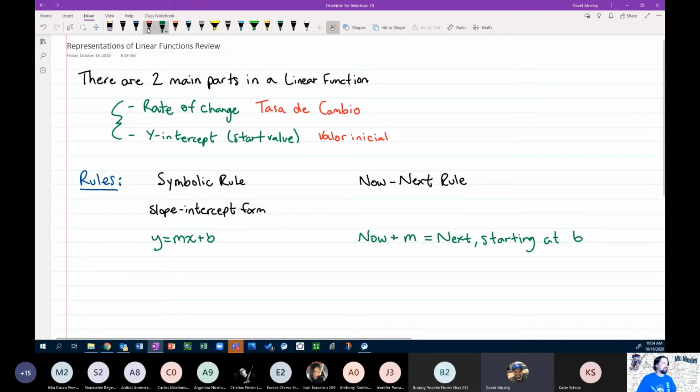In the symbolic rule, the letter M will be replaced with the rate of change, and the letter B is replaced with the start value. The start value is the Y value in the Y-intercept.